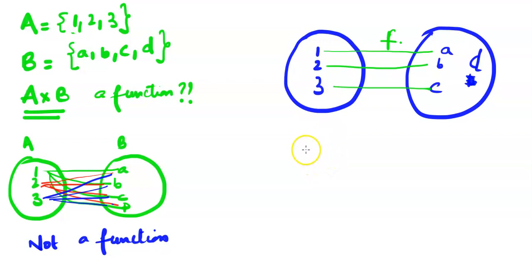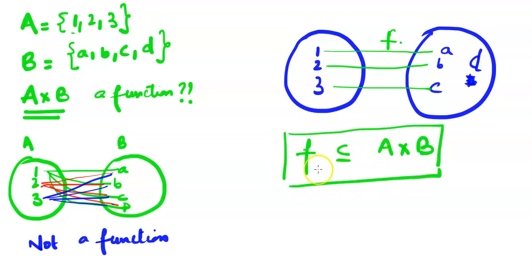So again, a function is basically nothing but a subset of a Cartesian product. Each element of A has a unique image in B. It's a function.